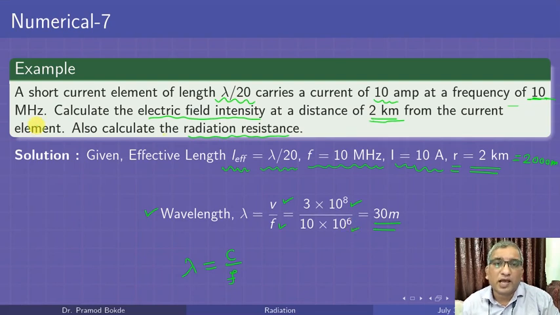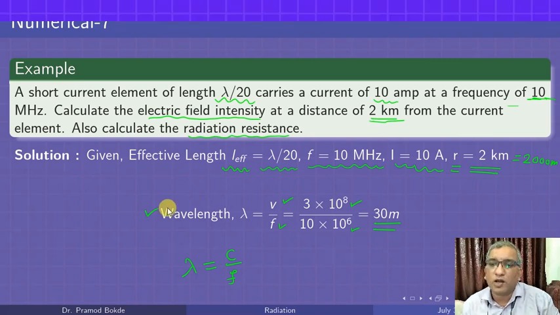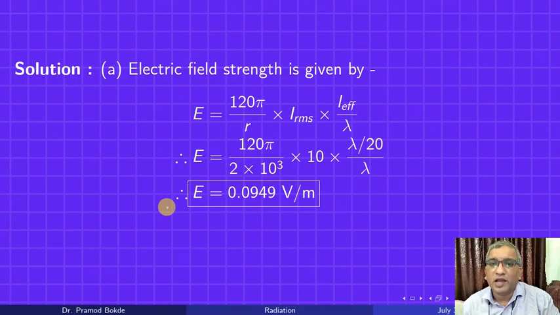Now, as we have to calculate the electric field intensity, we have to use the formula for the electric field intensity. In previous numericals also we have used this formula, and the formula for the electric field intensity is 120 pi divided by r, where r is distance, into I RMS. So here you have to consider the RMS current. In a numerical you will generally be given the RMS current, and you have to put that current value here, multiplied by L effective divided by lambda.